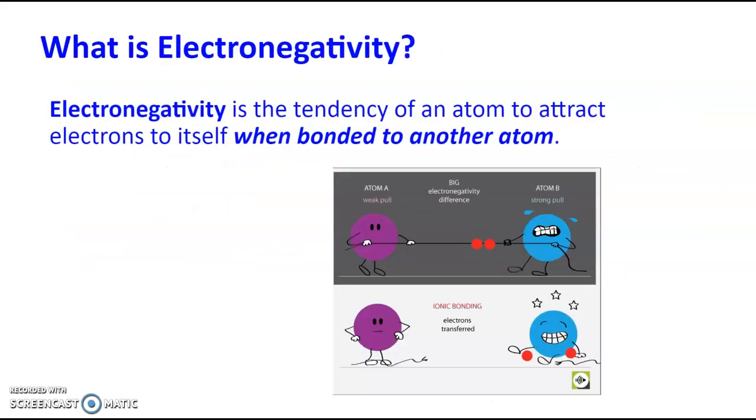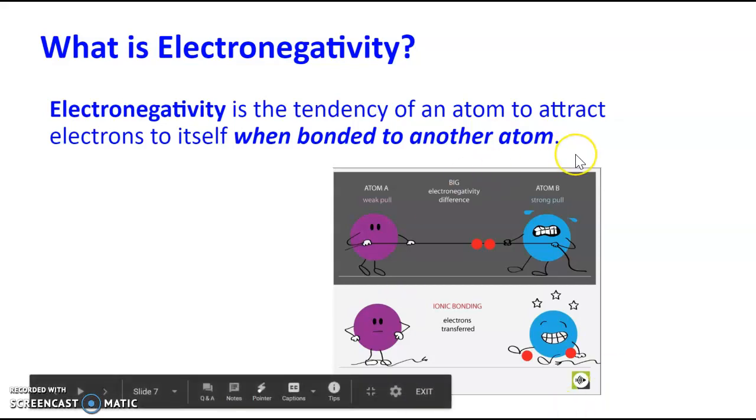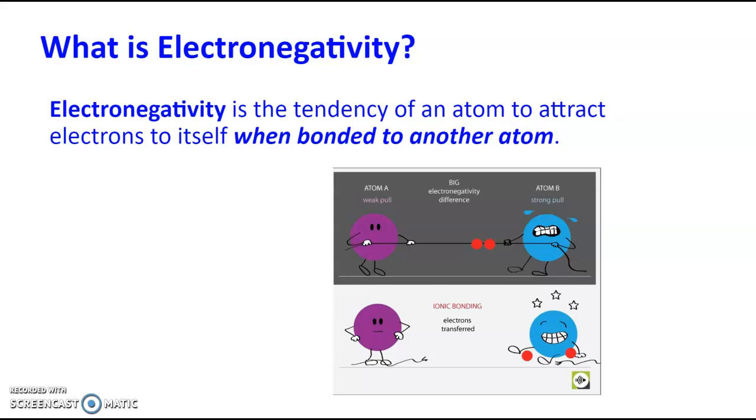So electronegativity is the tendency of an atom to attract electrons to itself when it's bonded to another atom. So I really like this cute little picture, not just because it's cute, but because it really shows very clearly how electronegativity affects a bond.